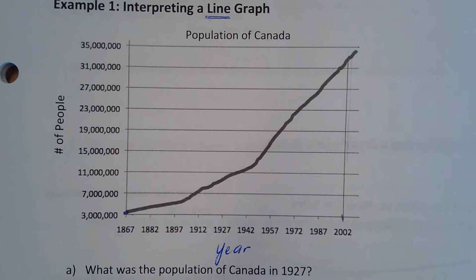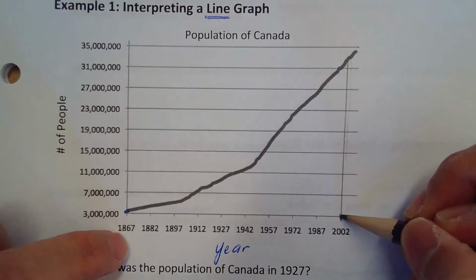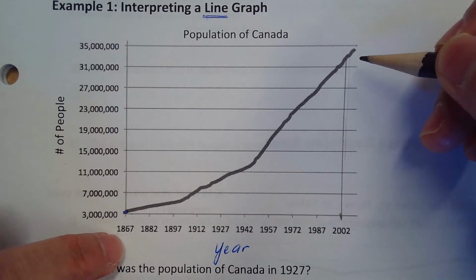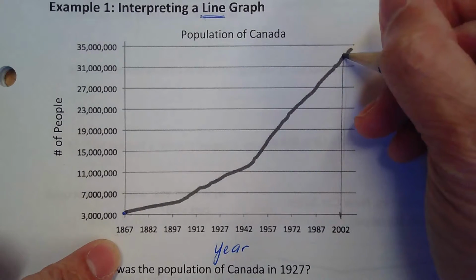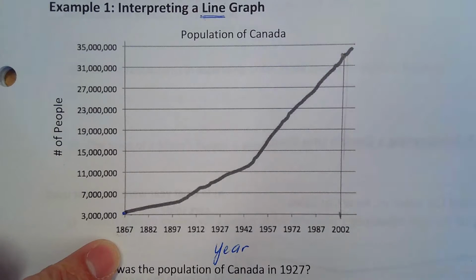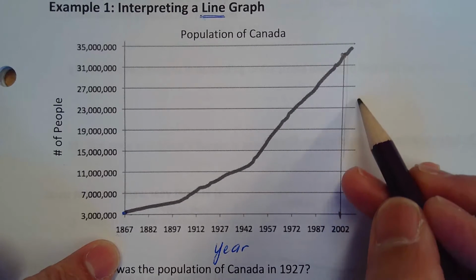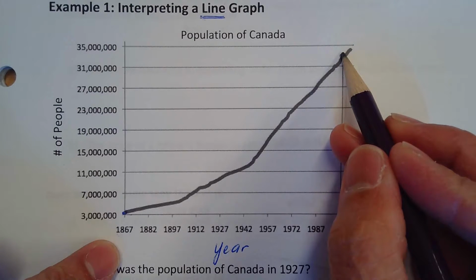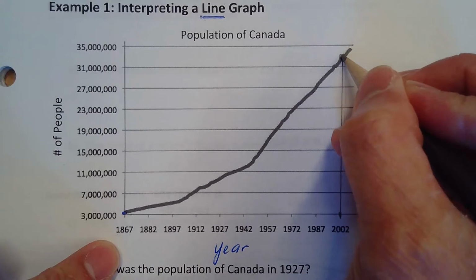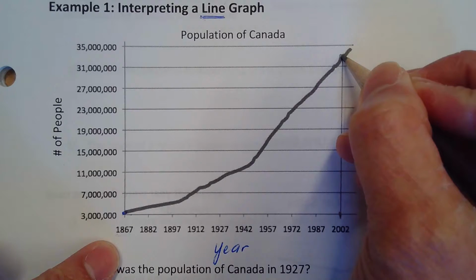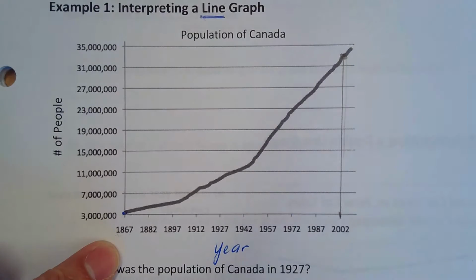Here's my ruler. It has to be straight up. So 2002, bring it all the way up. There's a point right there.